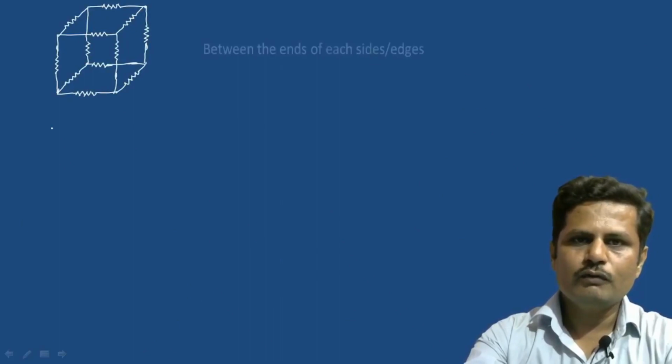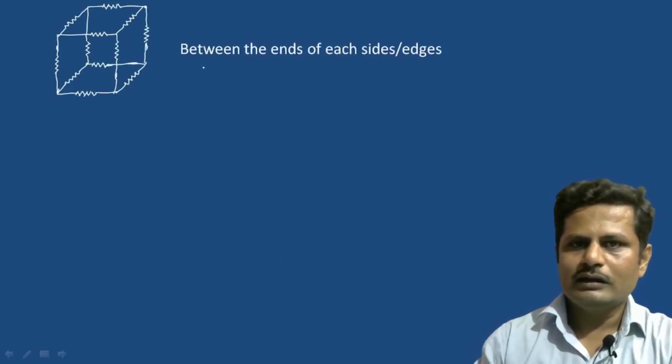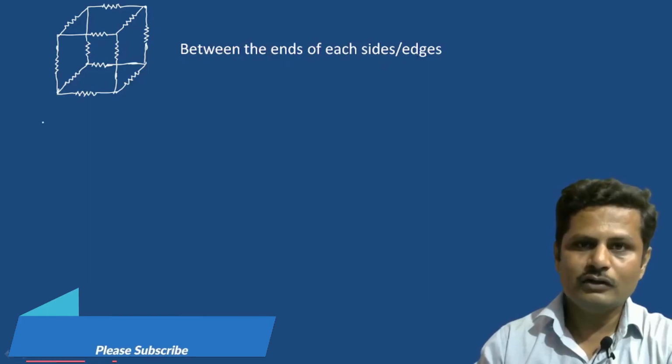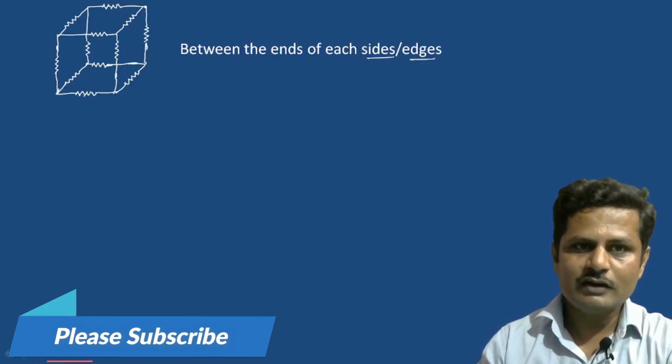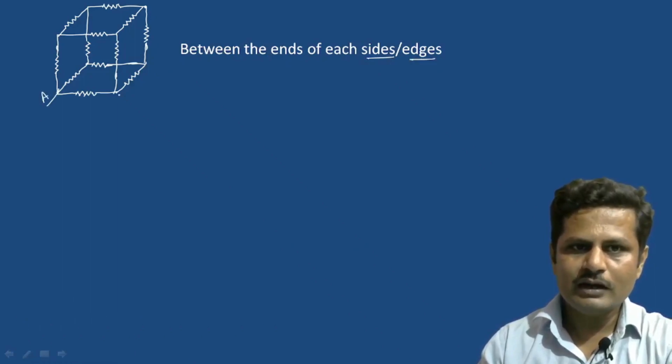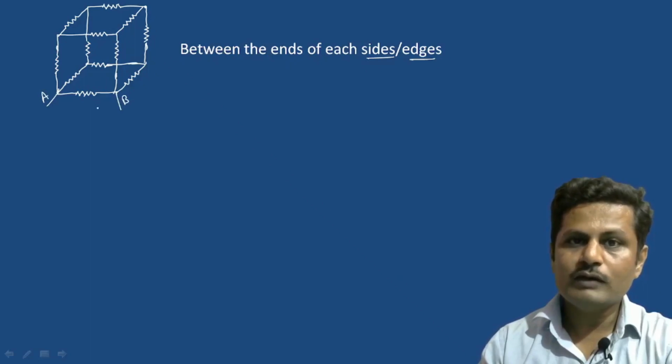Now suppose you want to find out the effective resistance between the ends of each side or edge of the cube. Let me say this is the point A and B. Suppose you want to find out between these 2 points, what we need to do?